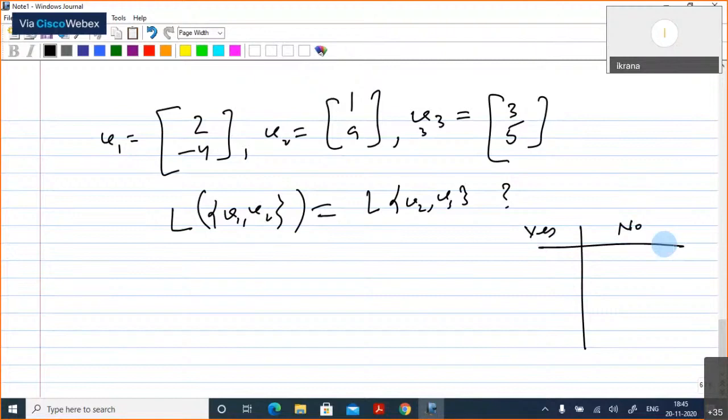As soon as you get one answer no, please tell me. So many people are saying yes. Okay, so I will pick someone randomly, toss a coin, to explain who said yes, why L of V1, V2 is equal to L of V2, V3.